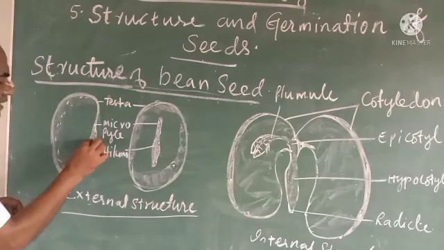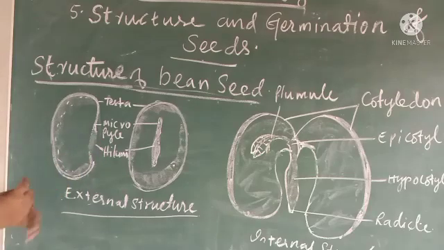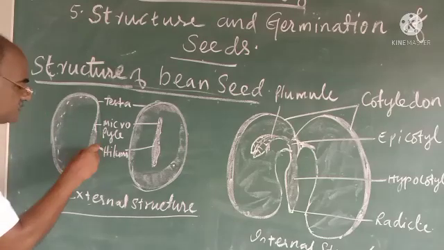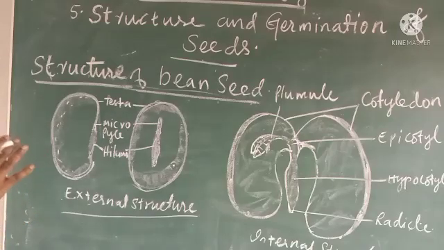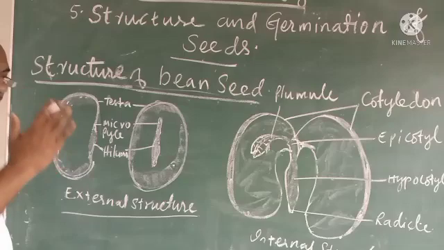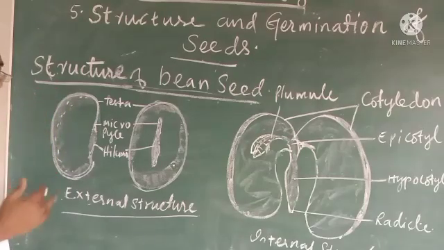In some seeds it cannot be seen, but in this bean seed it can easily be seen. That region is called the hilum, the scar portion where the stalk attaches to the pod of the fruit.